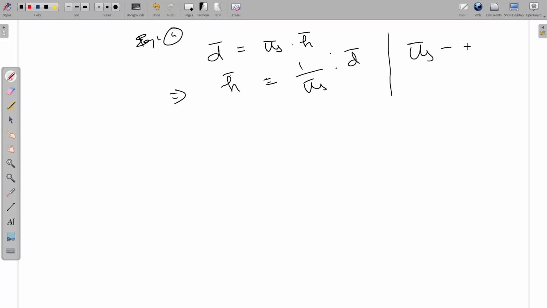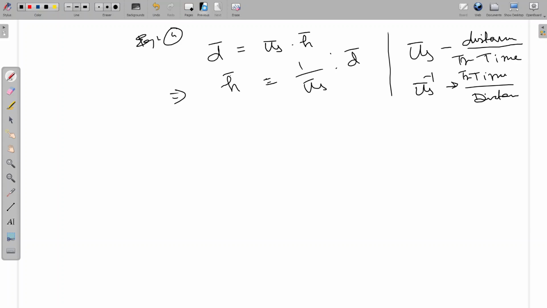What is space mean speed? Space mean speed is nothing but distance travelled over time. If I write its inverse, one upon Us bar is nothing but equal to total travel time over unit distance.